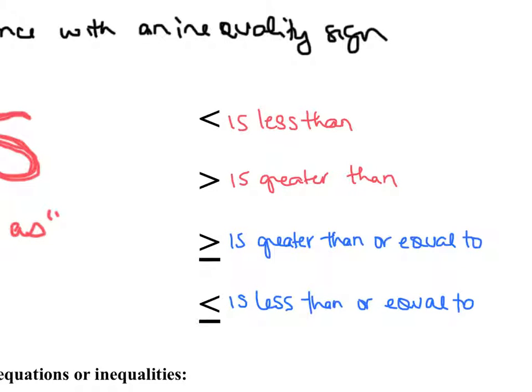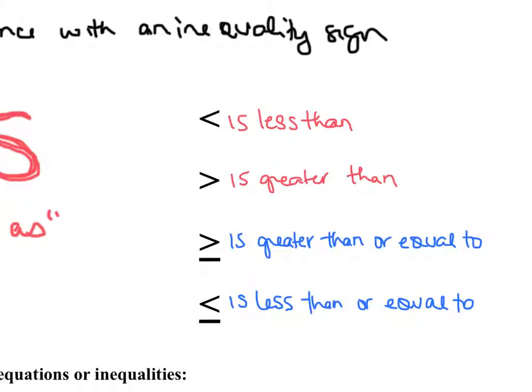Now these two also have some other language that's a little more common in the real world, and it's called at most, at least language. So if you think about something practically, like a math test, at most what you could get on a math test is 100. So what that means is at the most you could get 100, so you could get 100 or less.